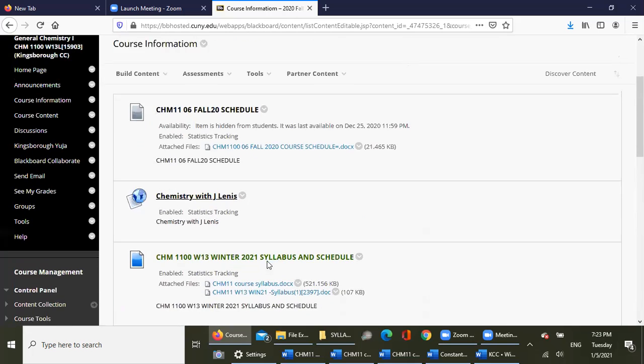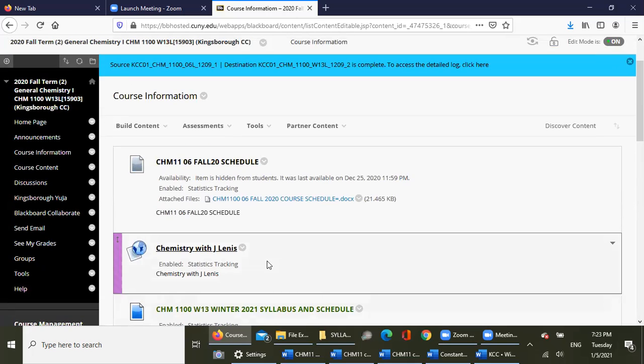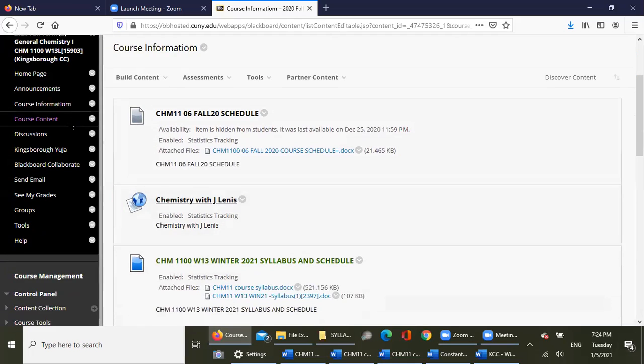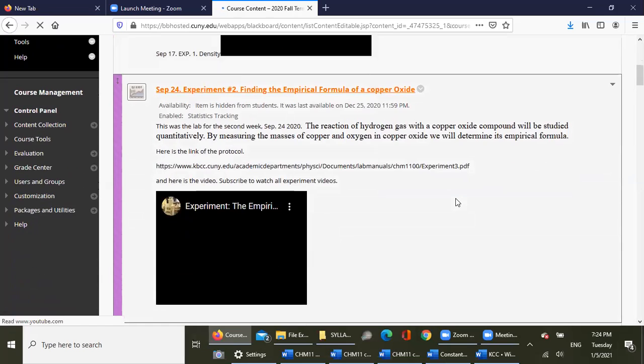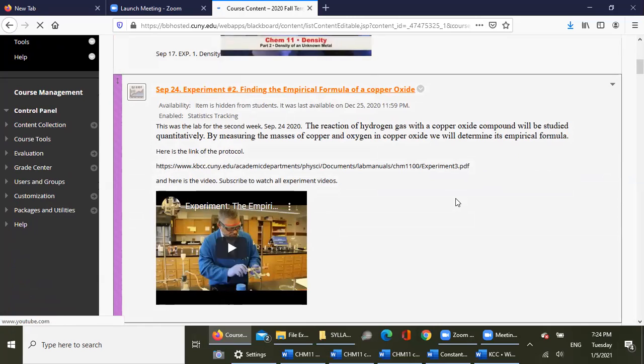Everything else, all other lab reports and lab manuals, are on the physical science department website, and you can download and print them from there. Then come back here to course content and find the labs for that week. Sometimes I even open more for you, like 2 weeks, because I know some people like to work half time and some like to work a lot.